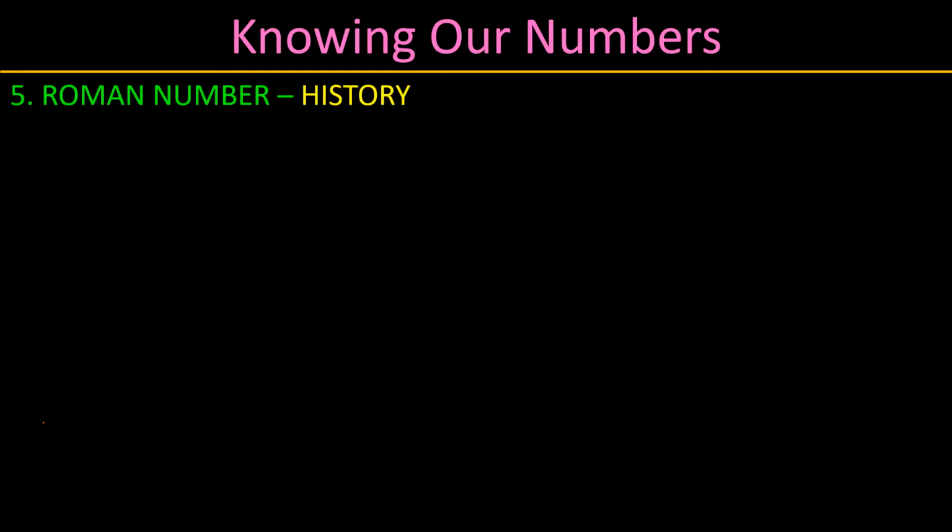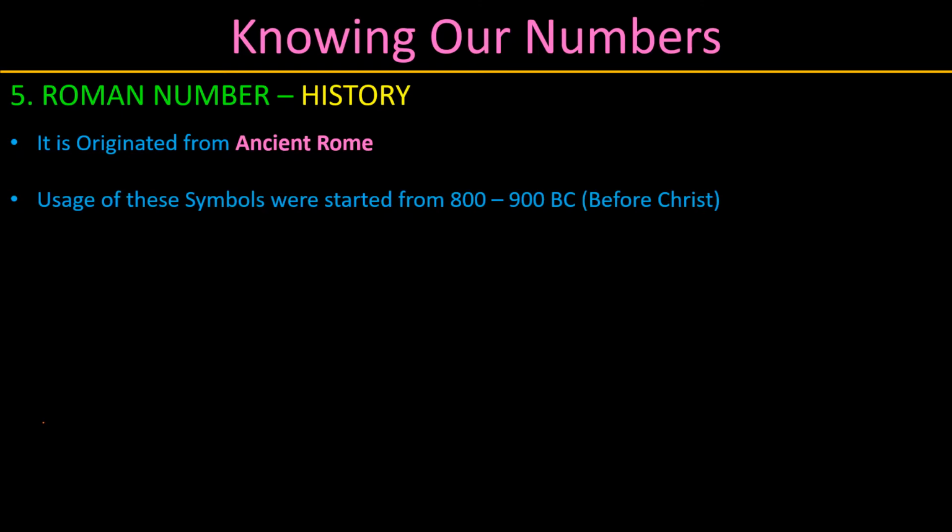A little bit of history about Roman numbers. These Roman numbers were created and originated by ancient Rome. They started using them around 800 to 900 years before the birth of Christ.